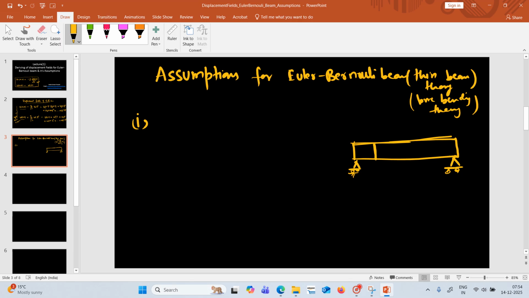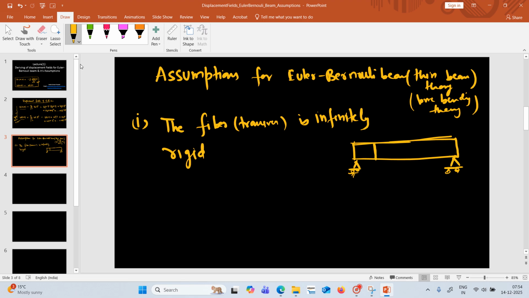So the first assumption is that the transverse fiber is infinitely rigid in the vertical direction.